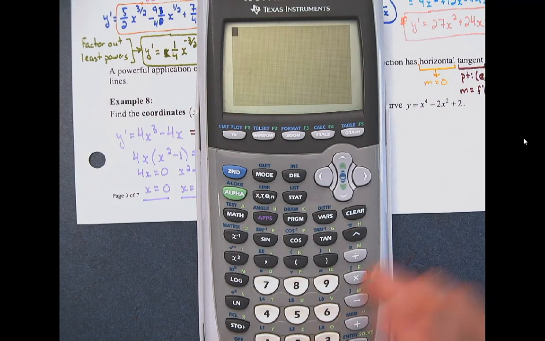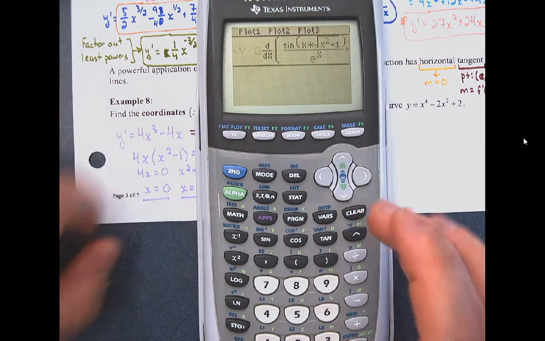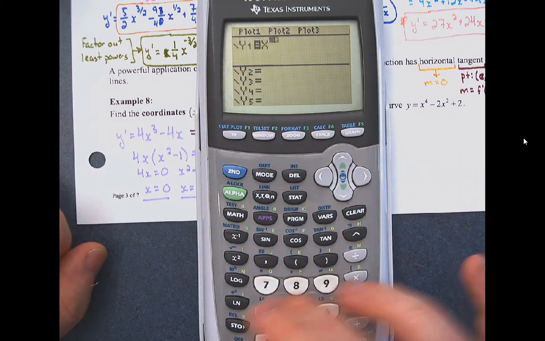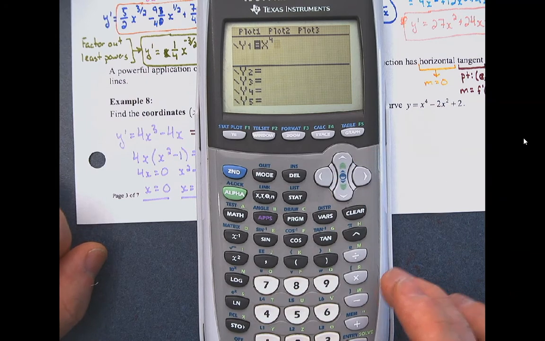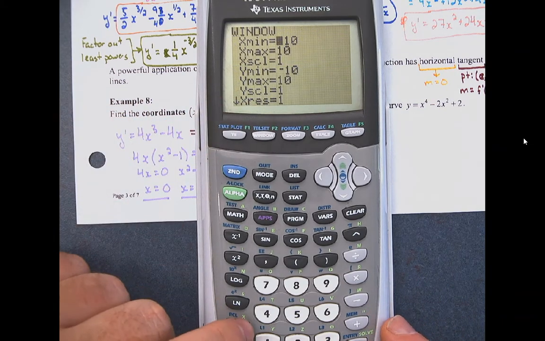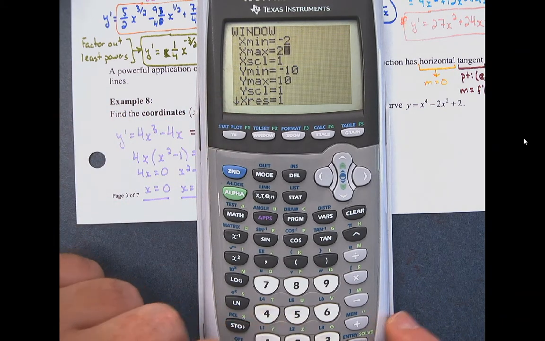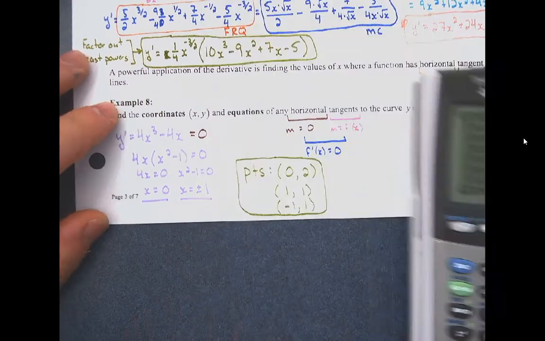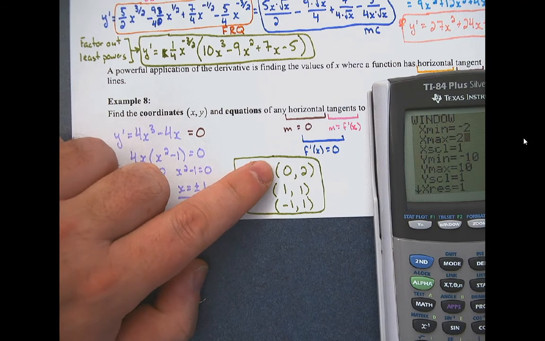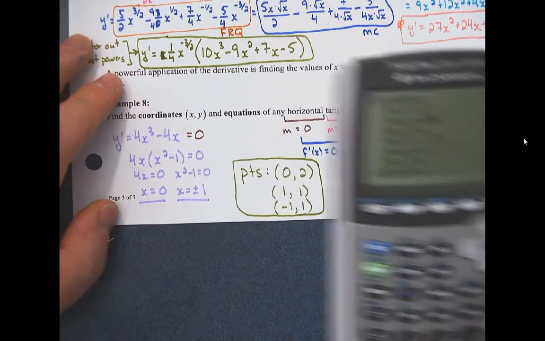All right, Stucky, pressure's on. I didn't type this in before. We're going to see. So I'm going to go y equals x to the 4th minus 2x squared plus 2. Now, I'm going to change my window to negative 2 to 2. If this is correct, then the curve should have horizontal tangent lines at 0, 1, and negative 1.